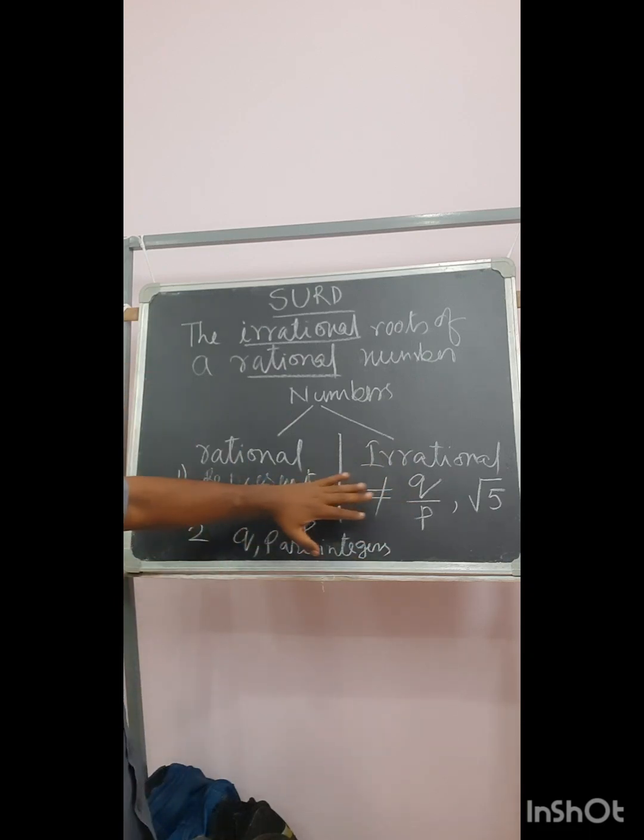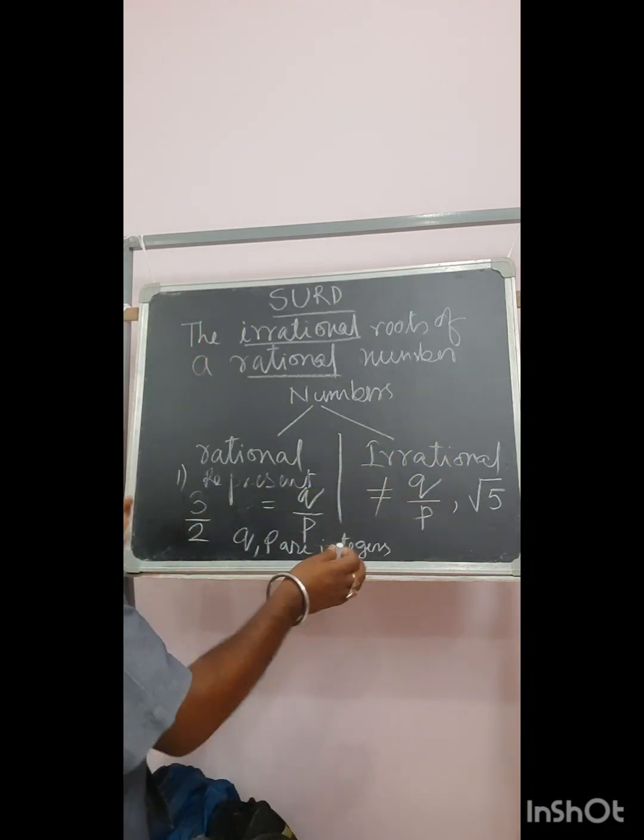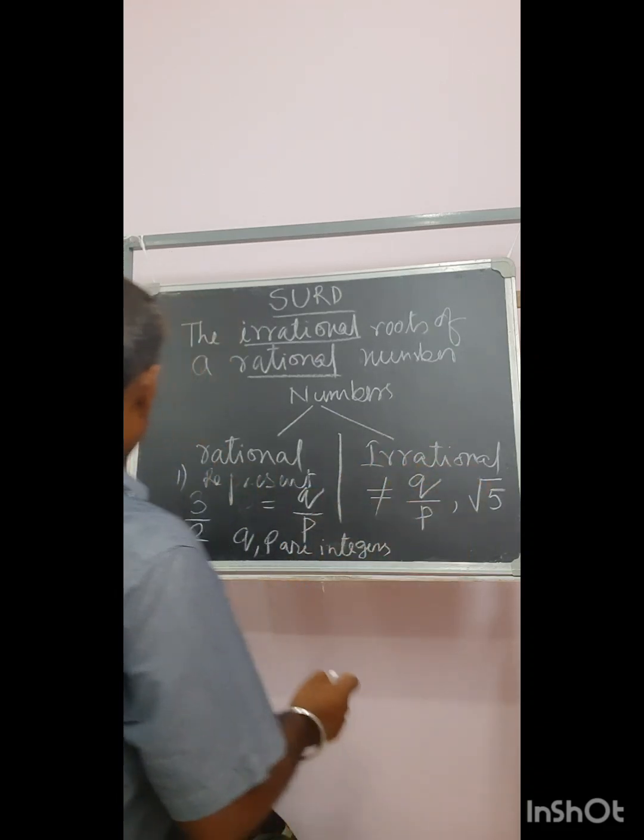So this is the first part of the difference between rational and irrational. By the difference I can understand both the numbers carefully.